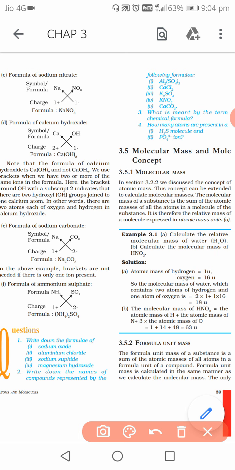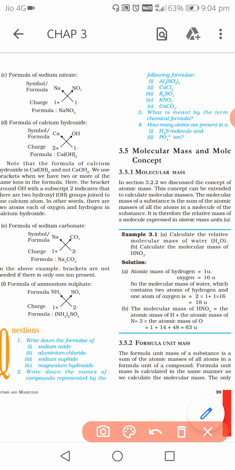Alright, now write down the names of the compounds represented by these. Here the reverse thing is asked, that means the formulas are given and you are asked to write down the names of those compounds. Alright, the first one will be aluminium sulfate. You try by yourself, I am just telling you the names.